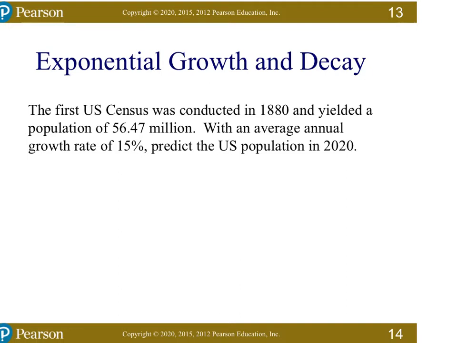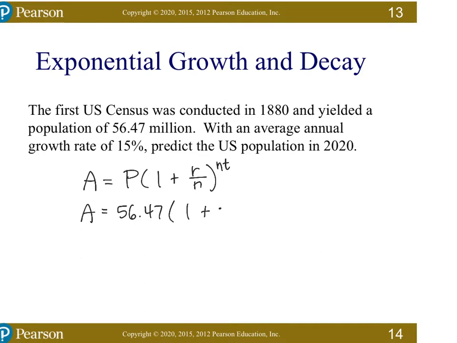So we're going to use this growth formula from the previous slide. The initial population we're going with is the 56.47. Times 1 plus, we're assuming a 15% growth rate, so that's a positive 0.15.